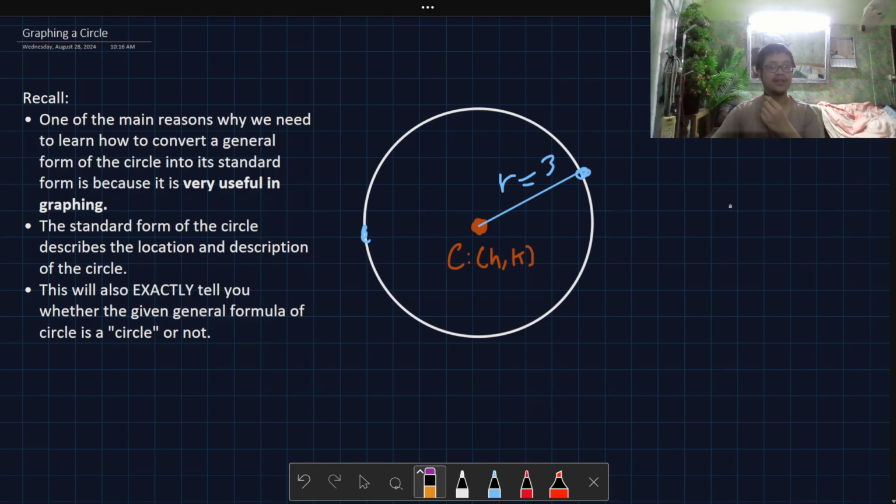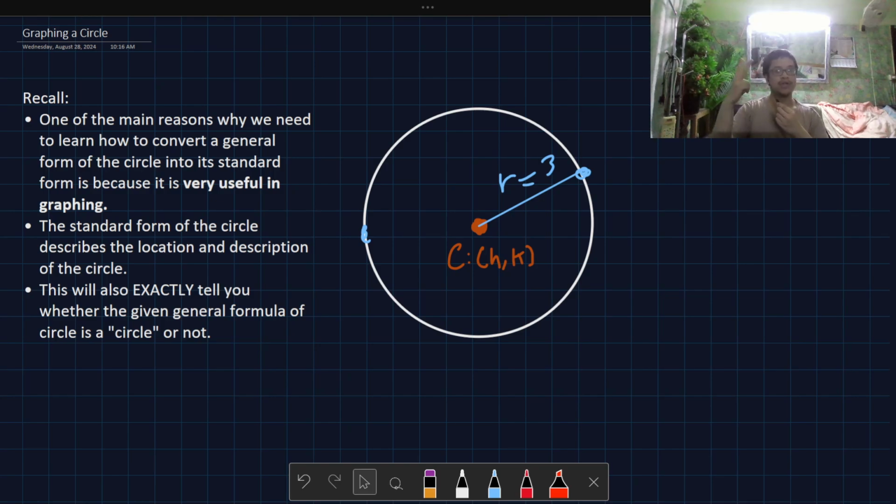Another thing that we've also learned is about general form to standard form conversion and standard form to general form conversion. In fact, we actually have a 1 hour practice for that. Let's focus on the part about general form to standard form conversion.